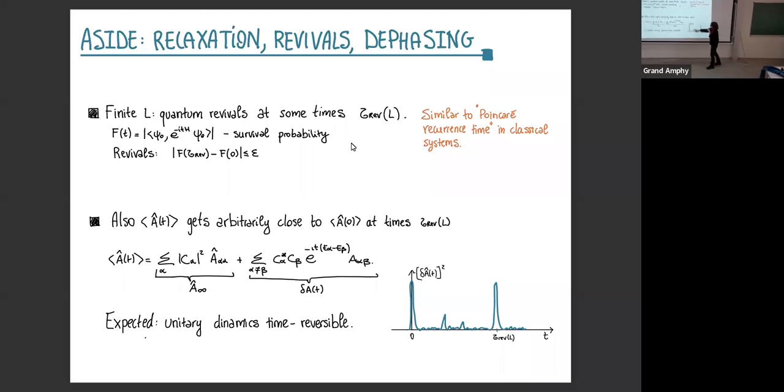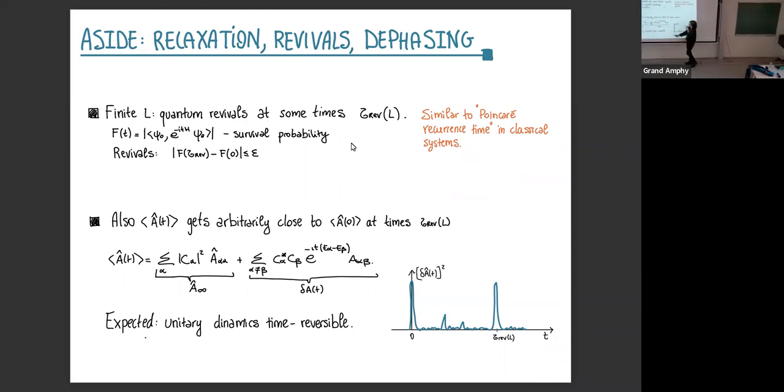So expectations of local observables in the dynamics of a finite system should somehow show such revivals. This is just one sketchy way to write such an expectation. You have a finite system with eigenfunctions. You can decompose this expectation value in the basis of eigenfunctions. These C are the coefficients, the projection of your initial condition on the eigenfunction labeled by alpha and beta. And you will have a diagonal term which is time independent, that is what you would reduce to if you take the time average of this quantity. And then you have this term which encodes all your time dependence.